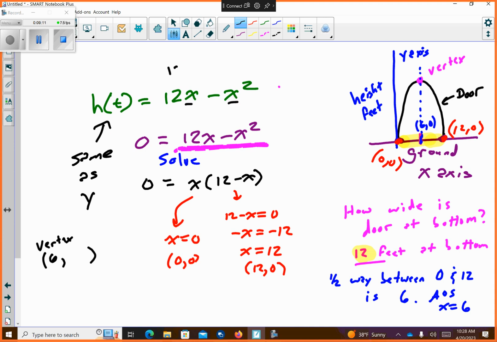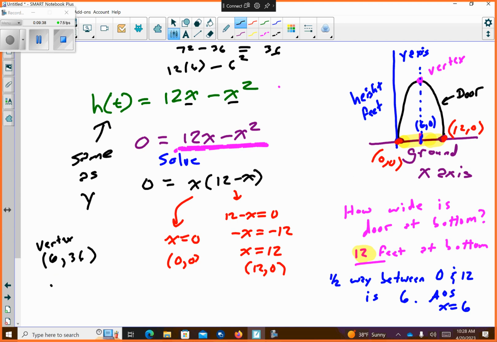So I'm going to get 12 times 6 minus 6 squared. What is 6 squared? 36. And what's 12 times 6? 72. So 72 minus 36 is 36. So my vertex is at 36.